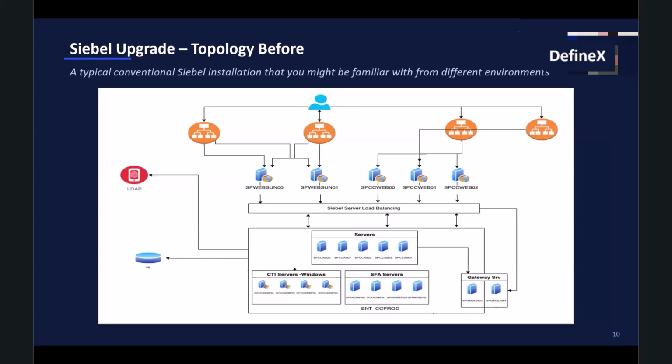Most of you already know how the conventional topology for Siebel looks, either on VMs or physical machines. This is a typical install base that you can encounter around the globe. And this is something that I always observe in Turkey and also in our clients in the Middle East.